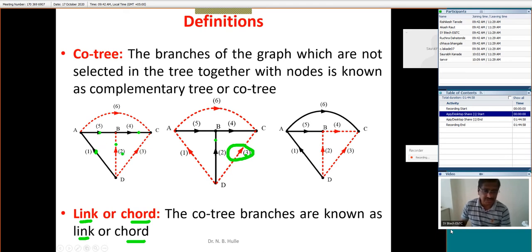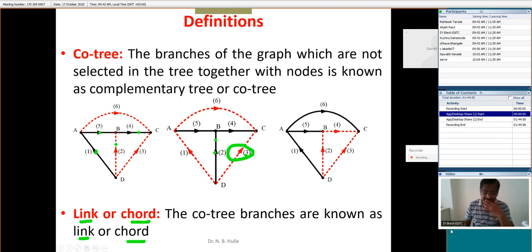That's why the branch number 2 is the cotree branch. That's why it should be called as a link or cord in this particular graph. It may be a different name here. Is it right? But that is the philosophy of the tree and cotree branches.